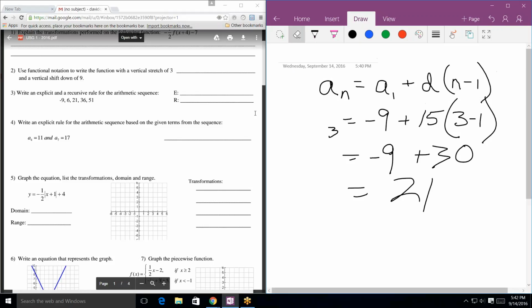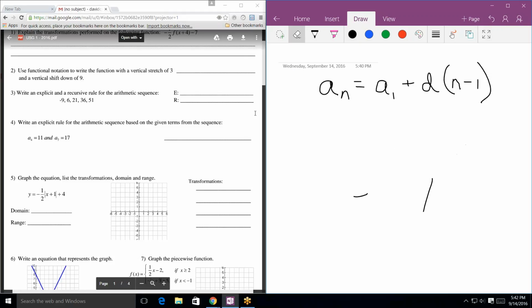Okay? And that's always where you want to start in math. I can't stress this enough to students, is that you want to start with the general formula and then fill in everything you know. Well, in this case, they're asking what's the explicit for this sequence?